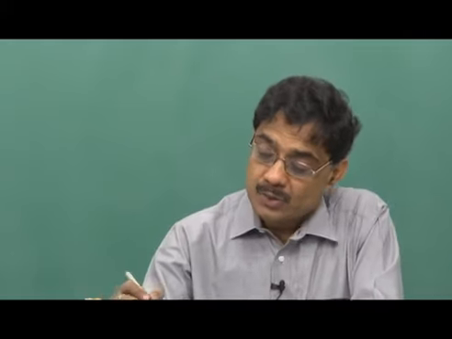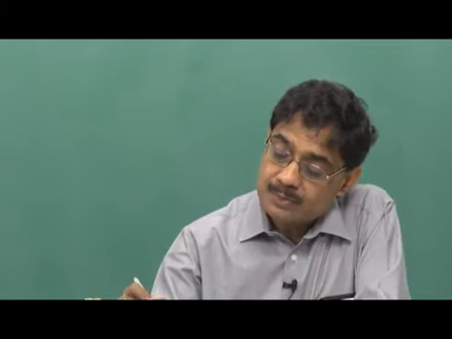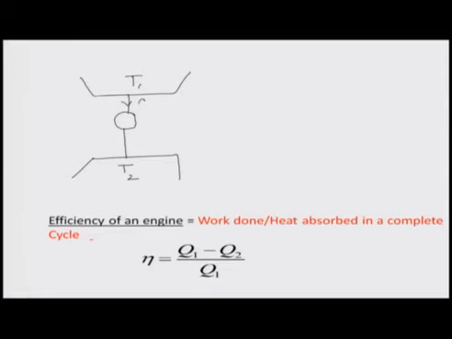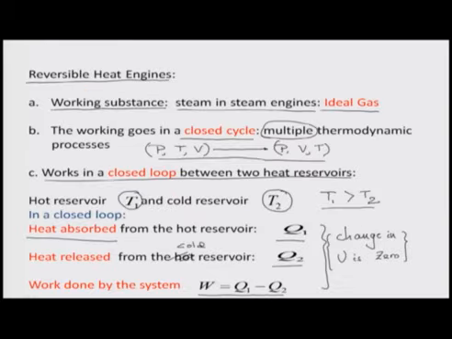The heat absorbed, which I show by this arrow, is Q1, heat released is Q2, and W is the work I can extract from the engine over a cycle, and conservation of energy tells me this.